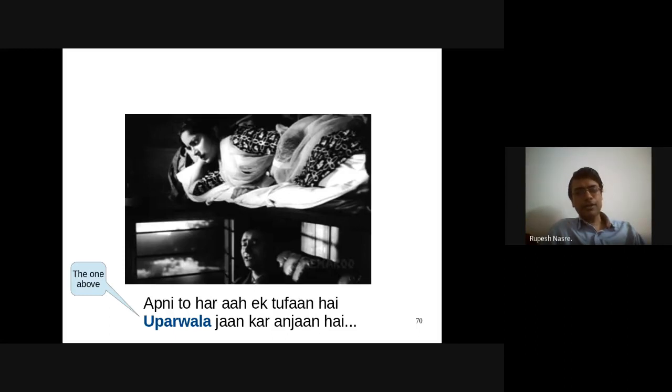Waheeda Rehman's character's parents are also there in the same coach, and they are all the time wondering what this song is referring to. So definitely what I am talking about is ambiguity, and our English language is ambiguous to a very good extent, not only Hindi but almost all the spoken languages. And this ambiguity sometimes creeps into programming languages also, like we were talking about the reduce conflicts.